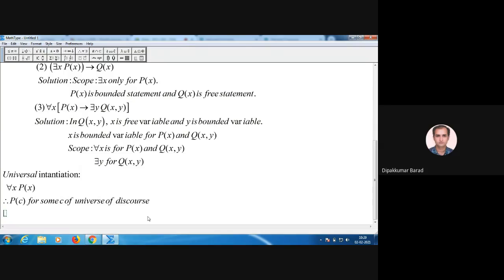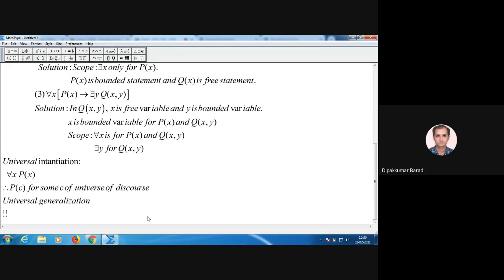Now second, okay, second is universal generalization. Universal generalization, it means it is the rule of inference which states for all x, P of x is true, given the premise that P of c is true for all elements c of the universe of discourse.